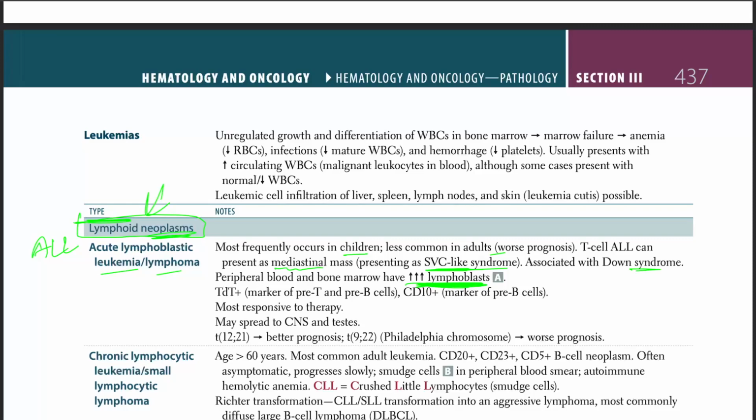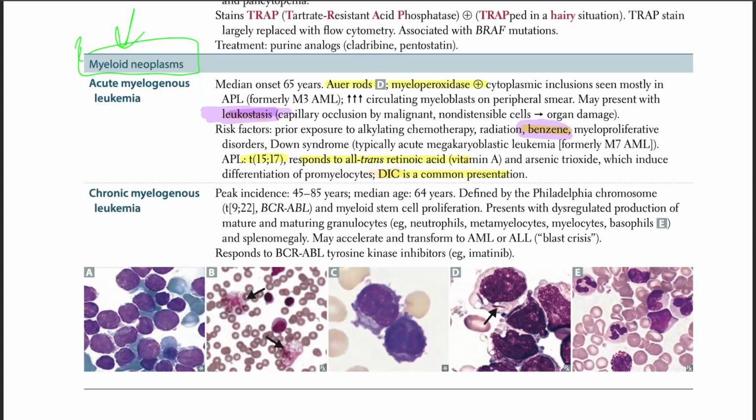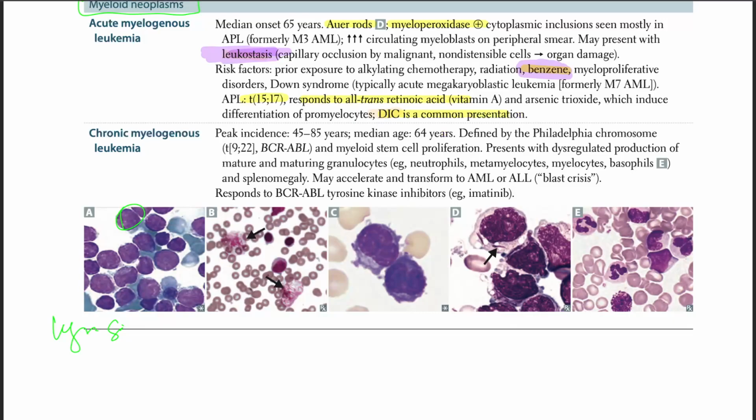But looking at picture A, we have the blast cells. These are the blast cells, known as lymphoblasts. How do we know they're bigger than normal? Because they're blasts. Normally the nucleus of the lymphocyte is about the size of an RBC, but here it's way bigger. That's a blast.